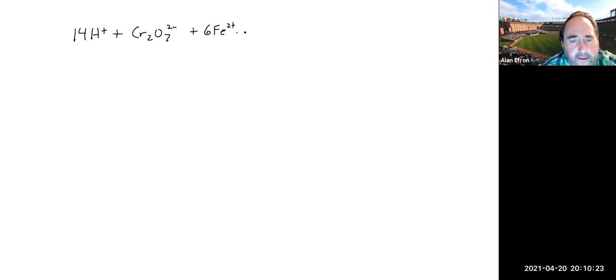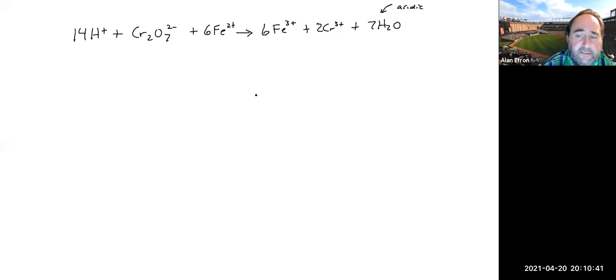So our acidic equation was 14 H pluses plus dichromate plus our iron going to our other iron plus our 2 Cr3 plus and our 7 waters. Okay, so again, this is our acidic balanced equation. We're now going to turn this into basic.